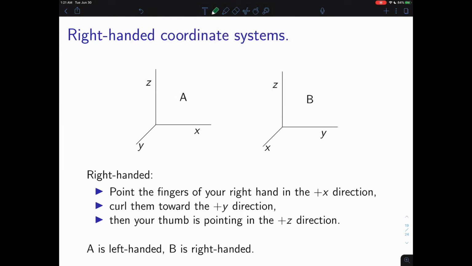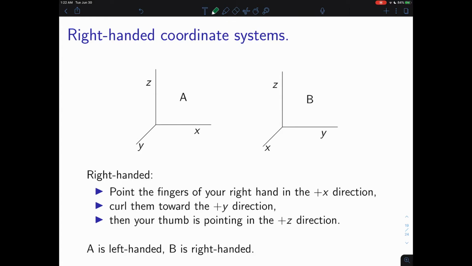We're going to stick to right-handed coordinate systems. This is something that also comes up in physics sometimes, meaning that the X, Y, and Z axes should work with the right-hand rule. So if you point the fingers of your right hand in the X direction and curl them towards the Y direction, then your thumb should be pointing in the Z direction.